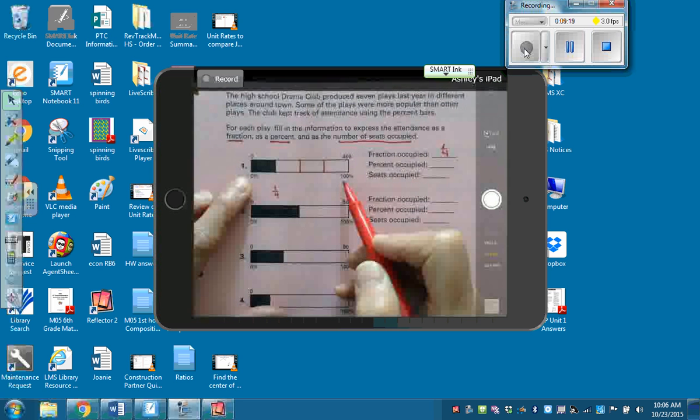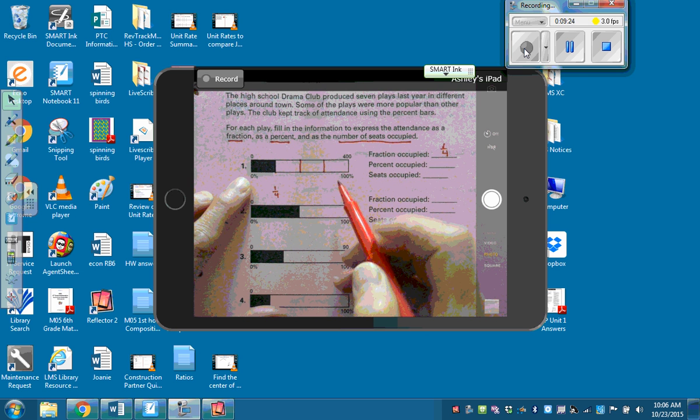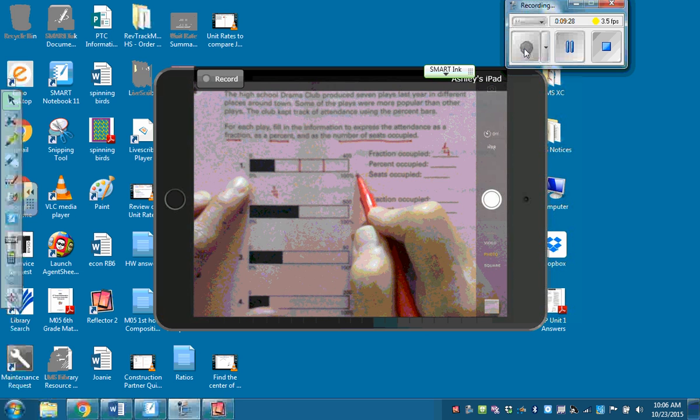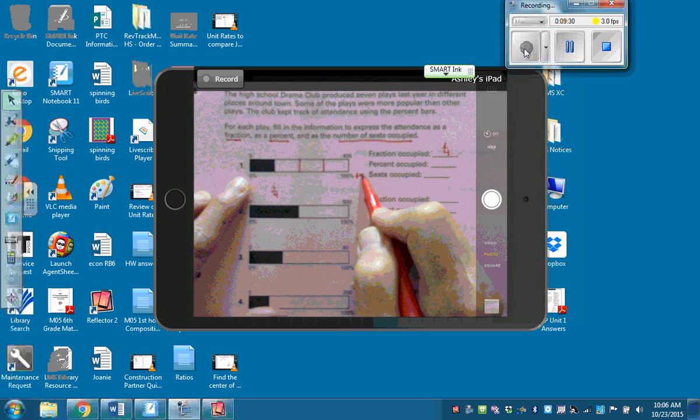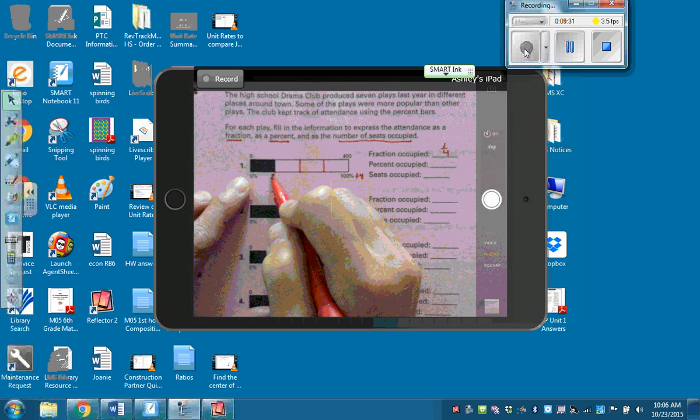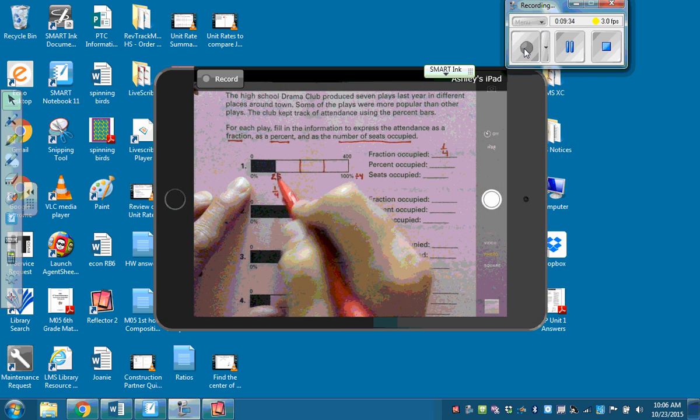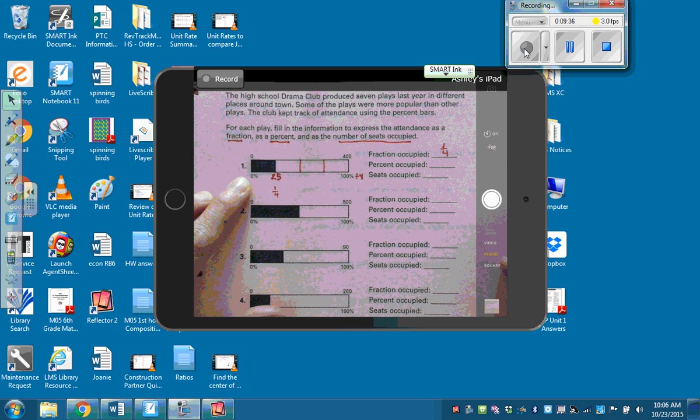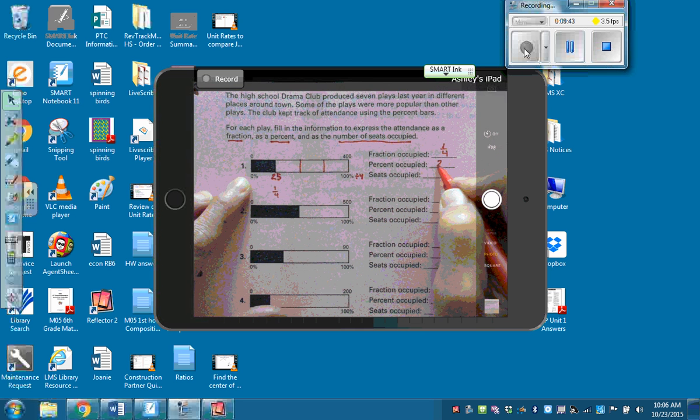And the next one is half. Yeah, Annette, it's 25, right? Because you're taking your 100 and you're dividing it into 4 parts, or you're looking at that double number line we just made, and you remember that 0.25 as a decimal is 25%. So the percent occupied is 25%.